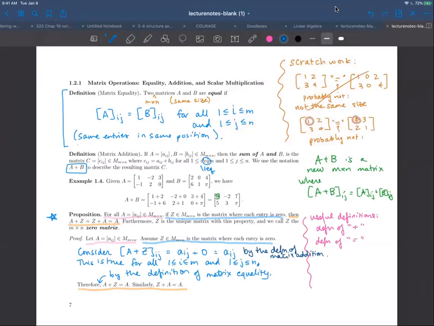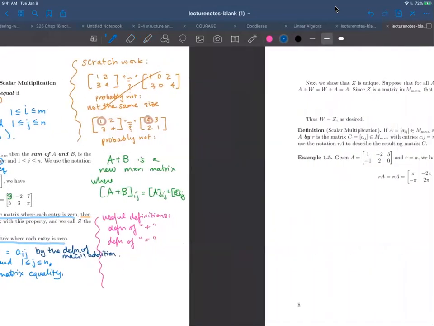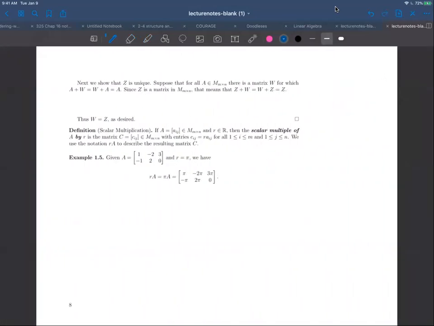Now I want to show that if there's another matrix that has this property, it actually has to be the same thing as Z. The way we do that is we pick a matrix W that has the same property.